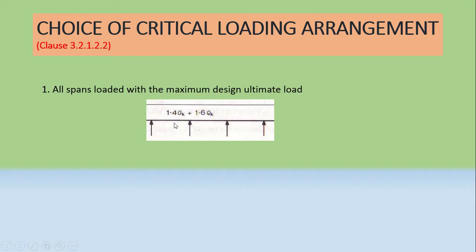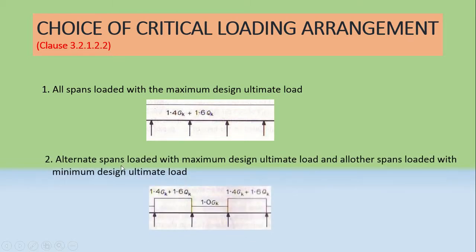In this beam, you calculate the load and it is applied uniformly; this is one case. In this beam you can also consider alternate spans with maximum loads and minimum loads; this is another load arrangement.